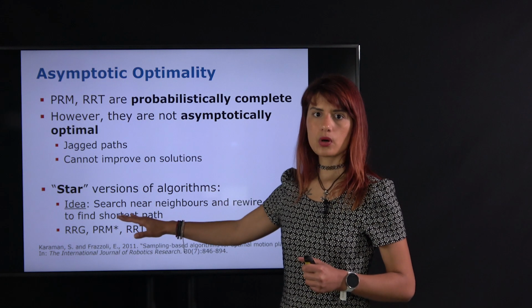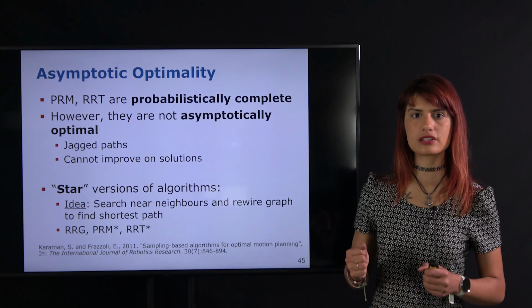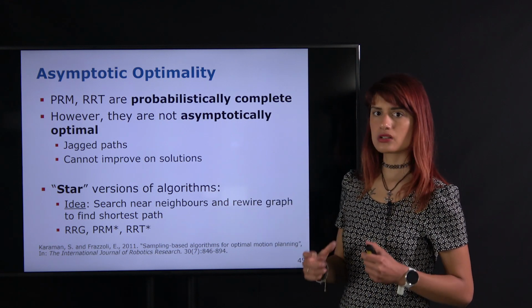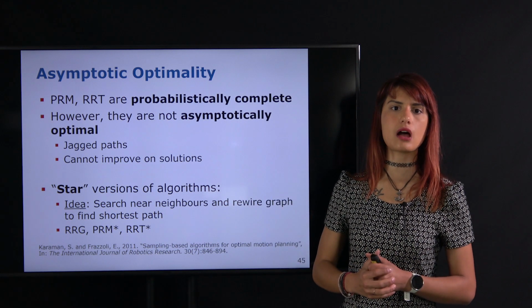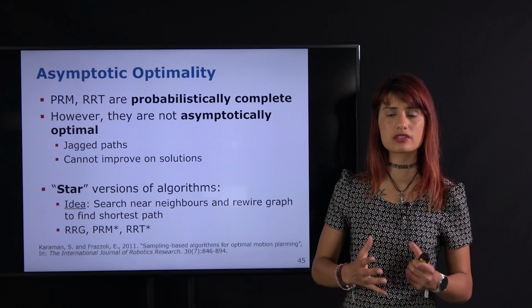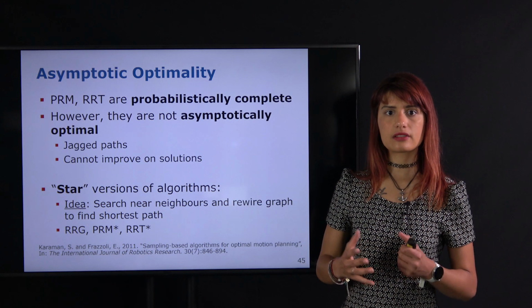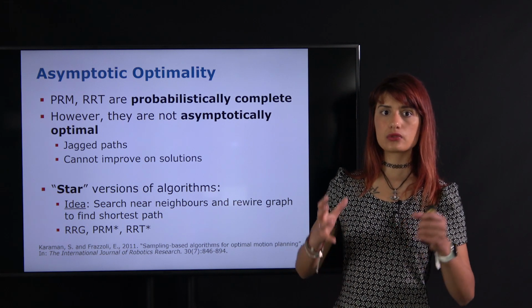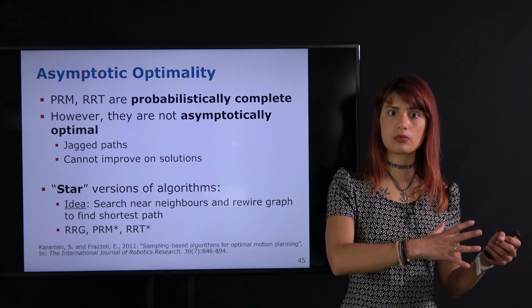First, we want to modify our sampling strategy in a smart way. We want to sample nodes near a particular neighborhood in order to allow us to obtain asymptotic optimality. And for this, we can look at the underlying theory of random geometric graphs and connect it to the shortest path planning problem in robotics.